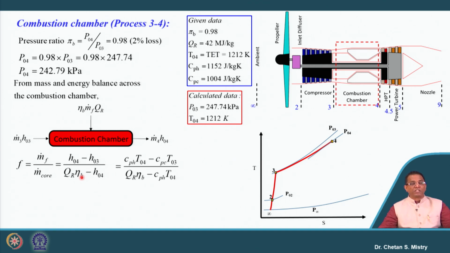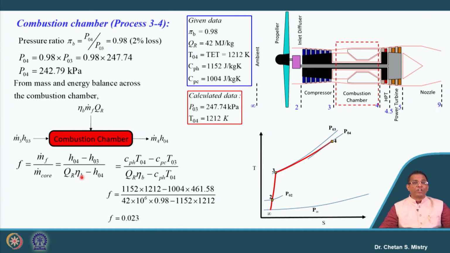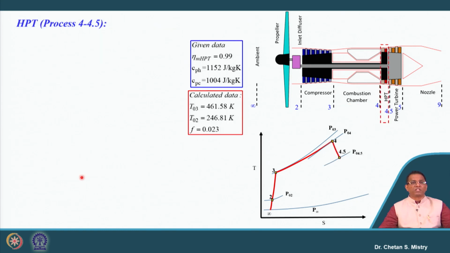We put in these numbers, carefully checking the units for the Cp value, and it says our fuel air ratio comes to 0.023. Okay. Now since we have this information, we will move to the next component.